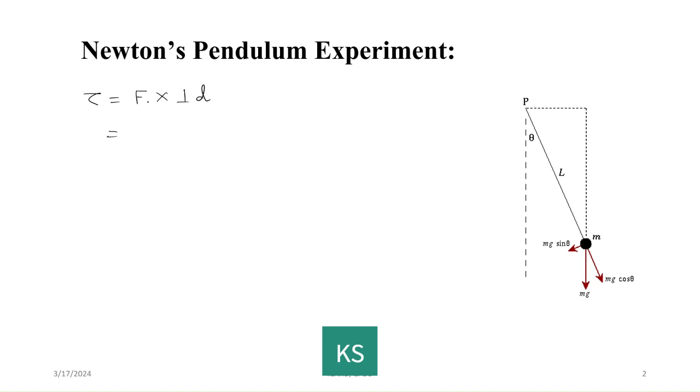This is the gravitational force. mg is the gravitational mass and mi is the inertial mass. So here the force is mg times g, and the perpendicular distance is L sin theta, because this angle is also theta.